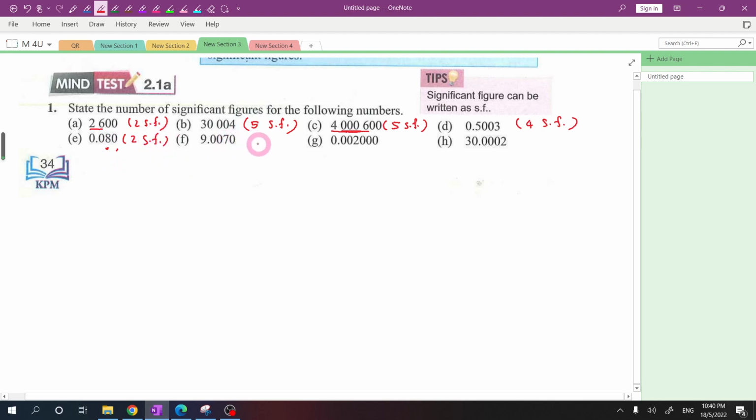How about this one? 1, 2, 3, 4, 5. 5 significant figures. How about this? Start counting from the first non-zero digit here. And the zeros at the end of a decimal are significant figures. 1, 2, 3, 4. 4 significant figures.